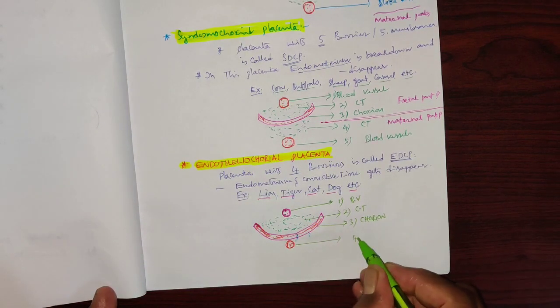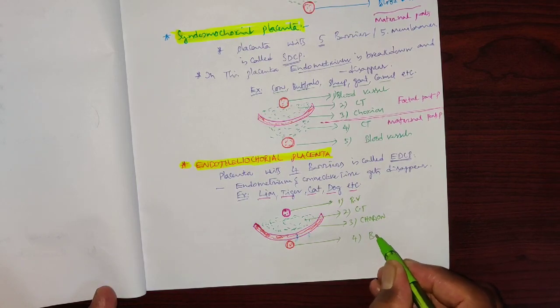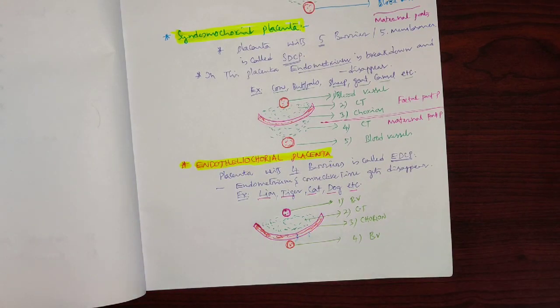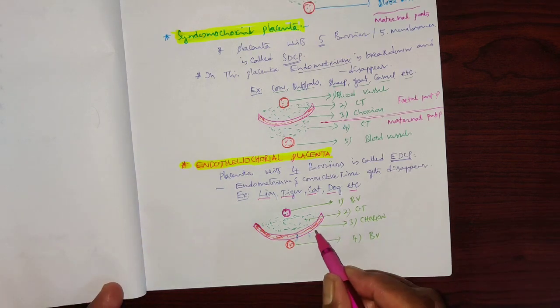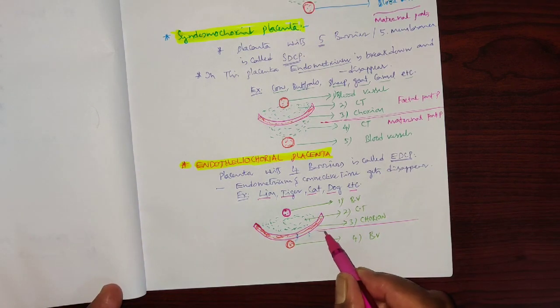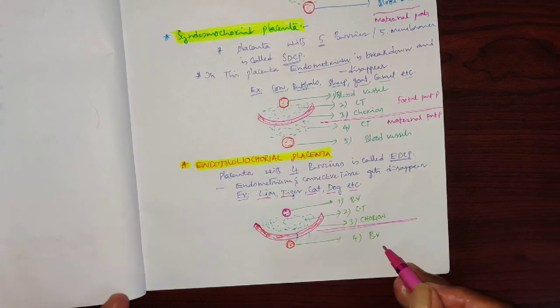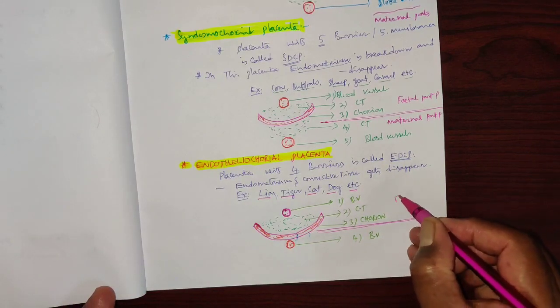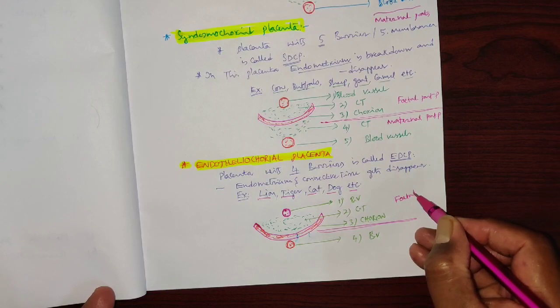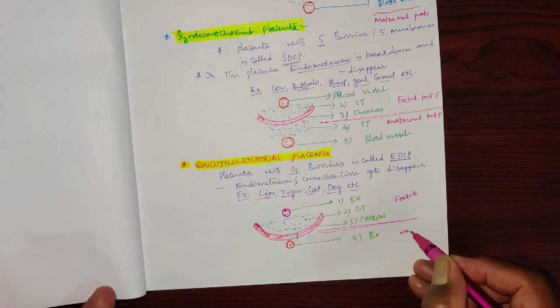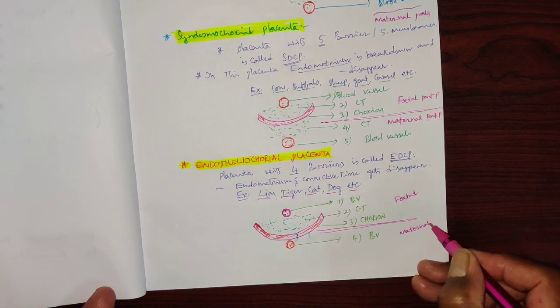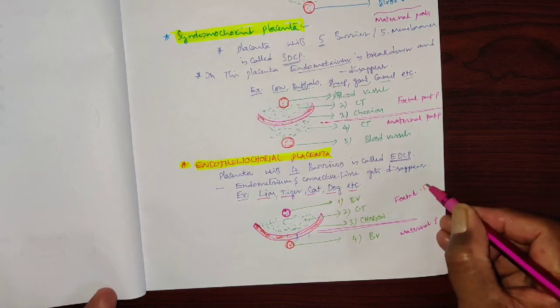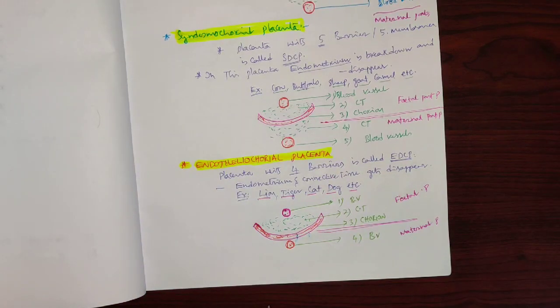This is blood vessel of maternal. That means this is the fetal part above, and below is the maternal part. So there are 4 layers.